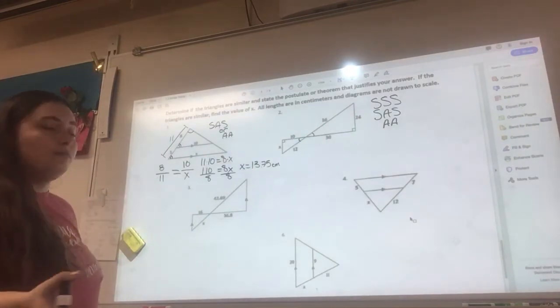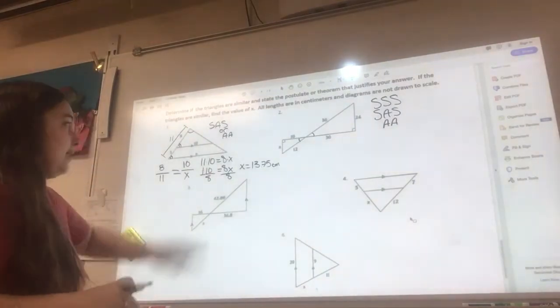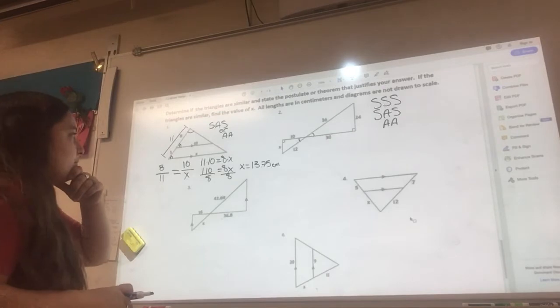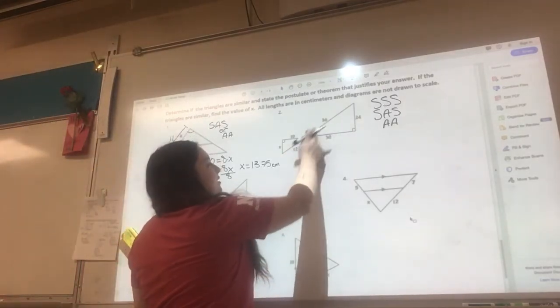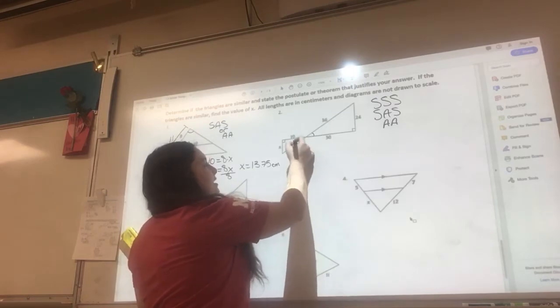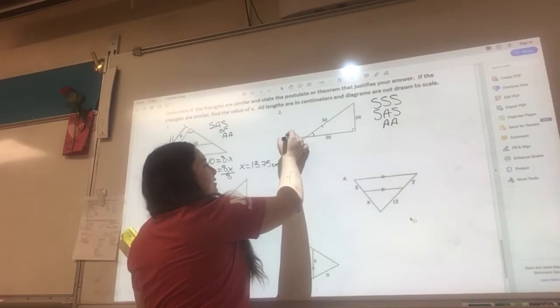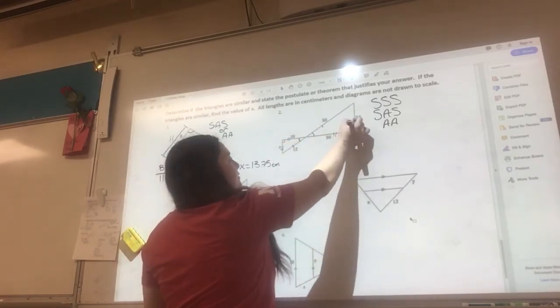So we should assume that they are similar because we saw that they have enough information to be like, yes, we can do this. So now we're going to look for x. Well, I know that 12 and 36 are going to correlate because they share the same line. 10 and 30 have to correlate, and then x and 24.